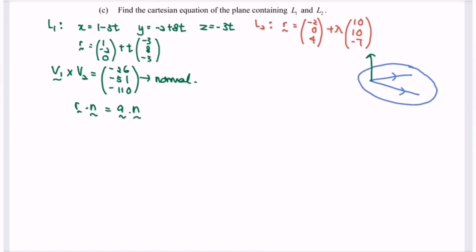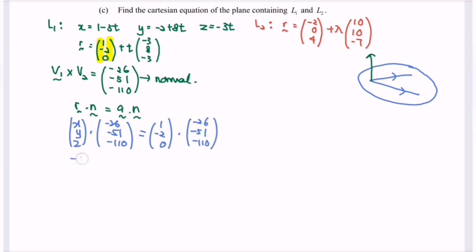So kindly refer to L1, we have the point here, which will be point A. Kindly substitute: (x, y, z) dot (negative 26, negative 51, negative 110) equals (1, negative 2, 0) dot (negative 26, negative 51, negative 110). So negative 26x minus 51y minus 110z equals negative 26 plus 102 and then 0.